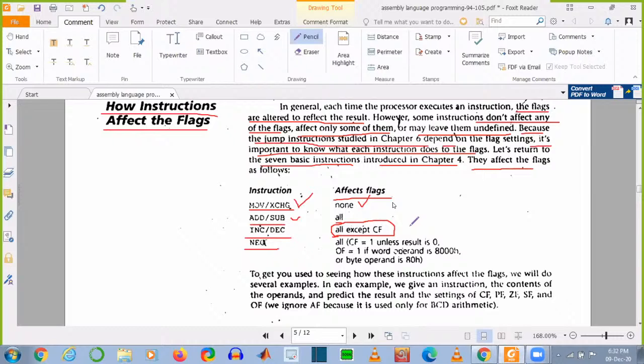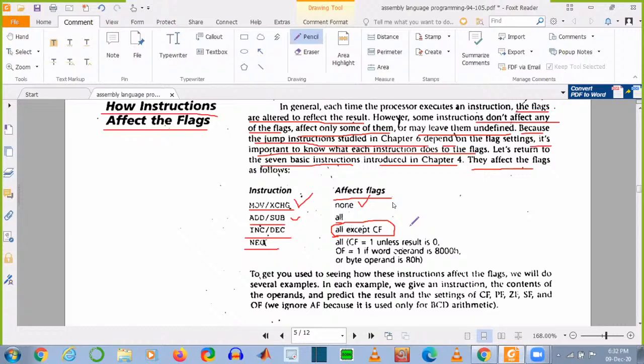According to the definition of CF, if you perform some operation that is out of range, CF should be 1. But with increment and decrement, the value of CF will remain 0.